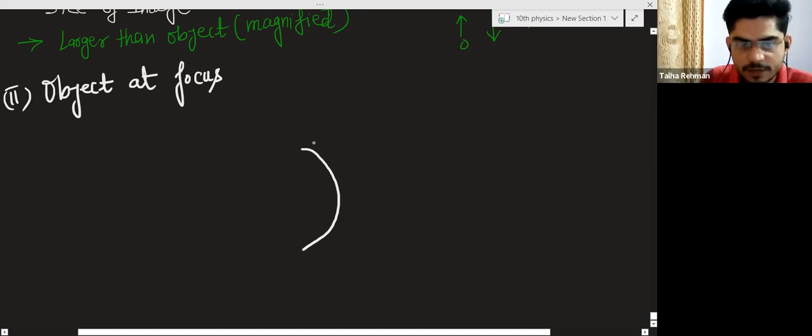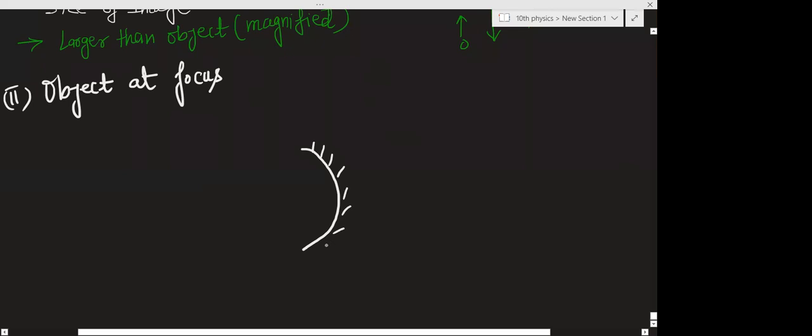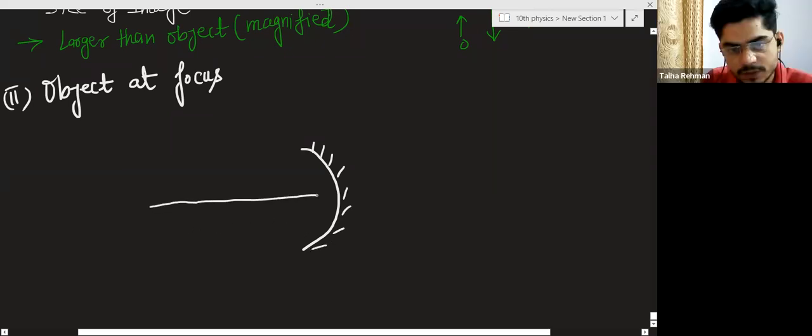This is the concave mirror. This is the principal axis, and suppose here somewhere is the focus, and this is the object.